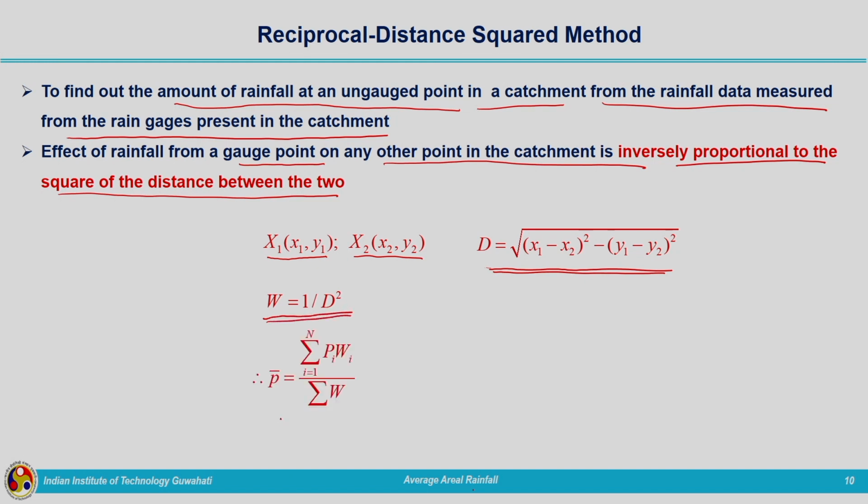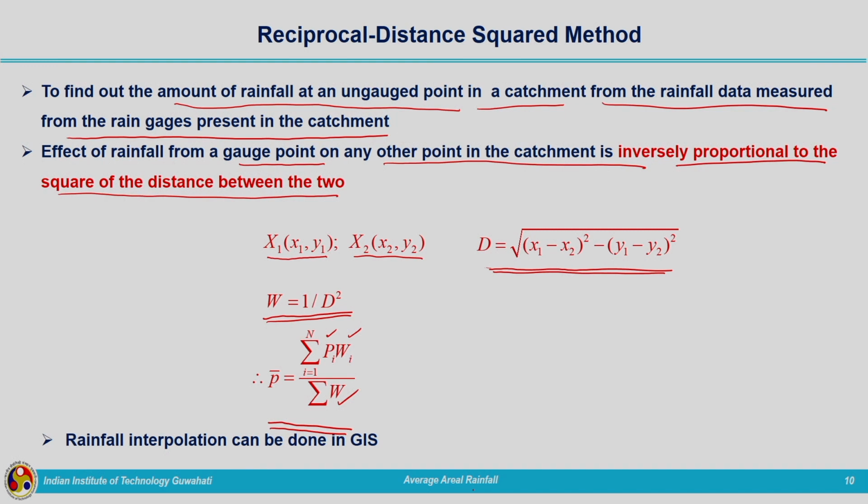Now, we can get the average rainfall value by using this formula, that is, P bar is given by sigma i equals 1 to n of Pi Wi, divided by sigma W. What is this capital W? Capital W is the reciprocal of the square of the distance between the rain gauged point and the ungauged point. By making use of this, we will get the rainfall data within that ungauged area. This is a sort of interpolation technique.